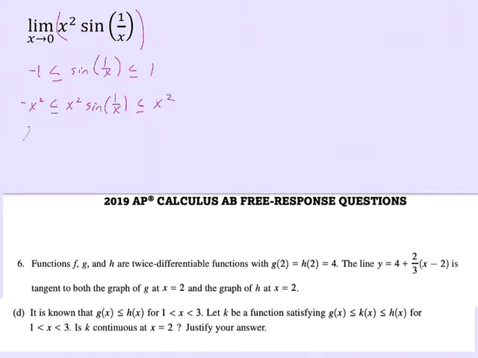And we can say that the limit of -x squared as x approaches 0 and the limit of +x squared as x approaches 0 are both equal to 0.